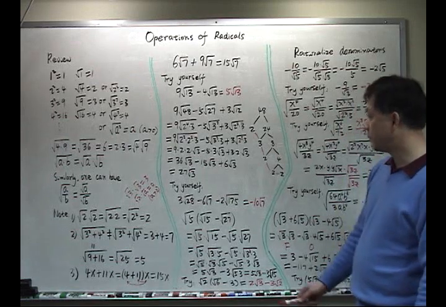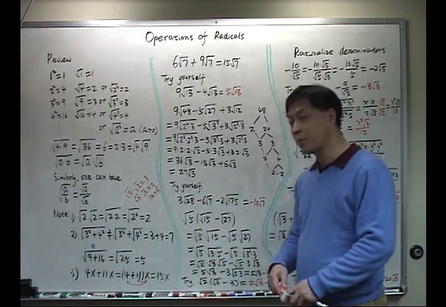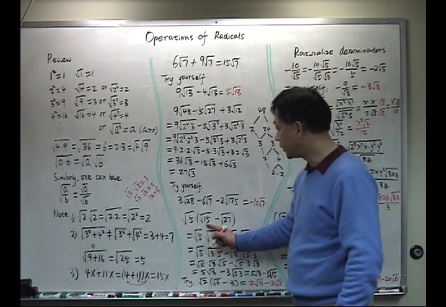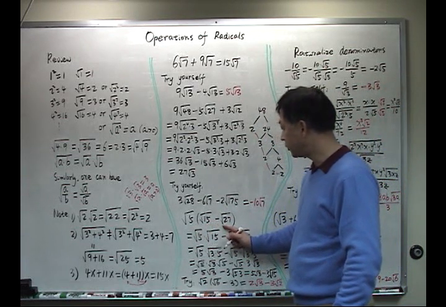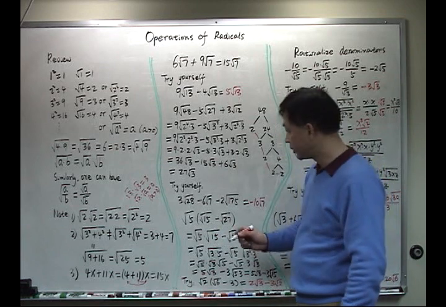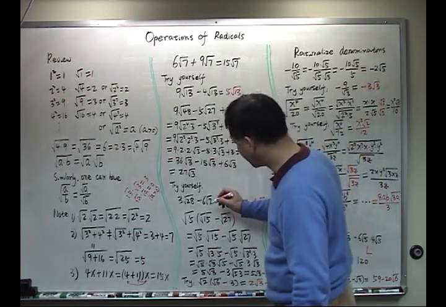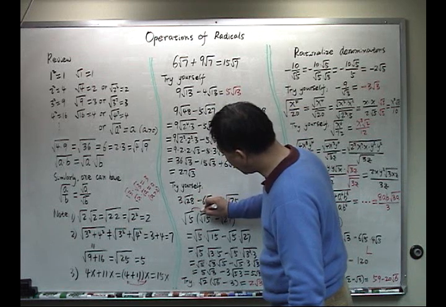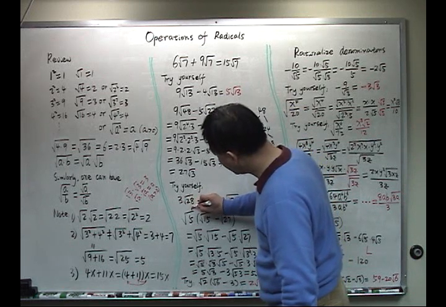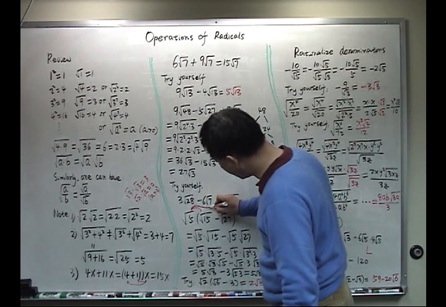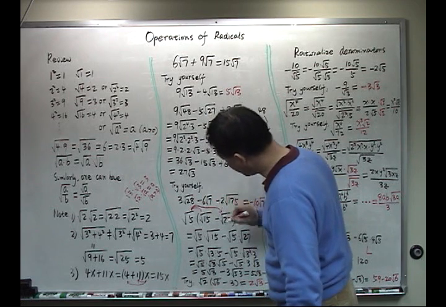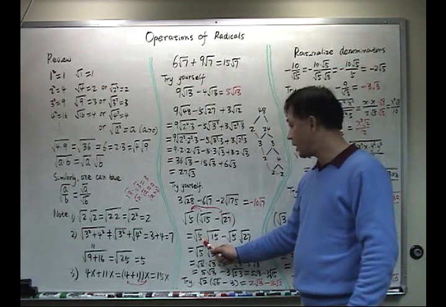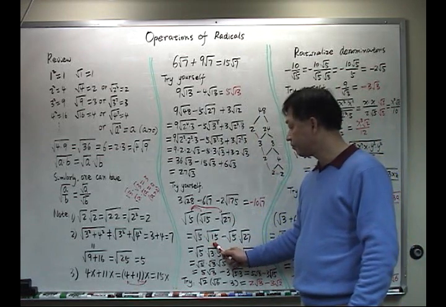The second one, this one is a new example. You do radical 5 times radical 15 minus radical 27. So you do distribution, distributive property. Okay? Radical 5 times the number here, and radical 5 times the number right here. Radical 5 times radical 15.